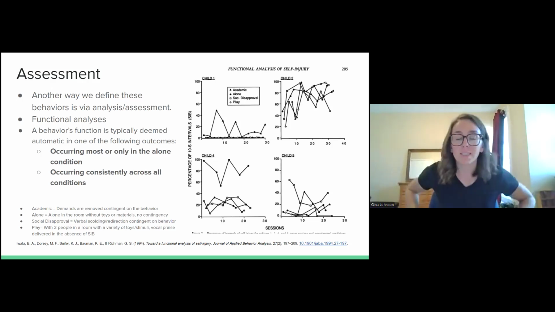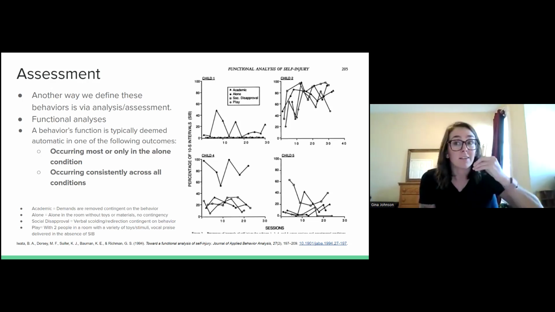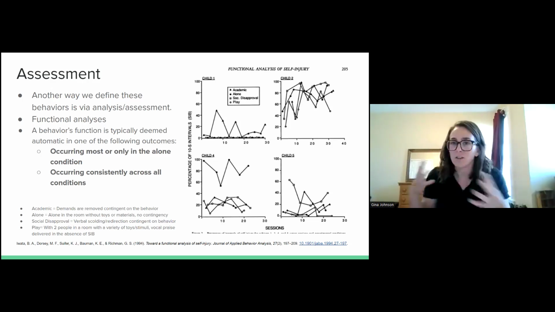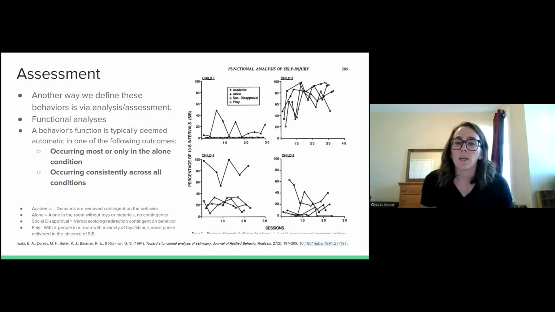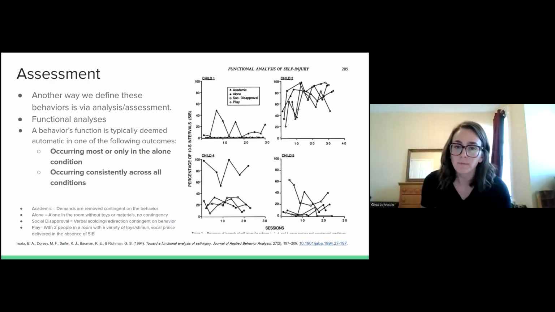You can already see the waters are muddy, right? It should feel that way. It's not nearly as clear as when the demand is removed or attention is applied. There are these other scenarios that we as a science have labeled automatic, the function.